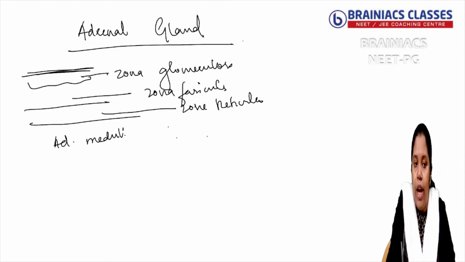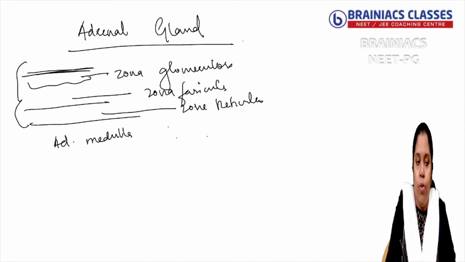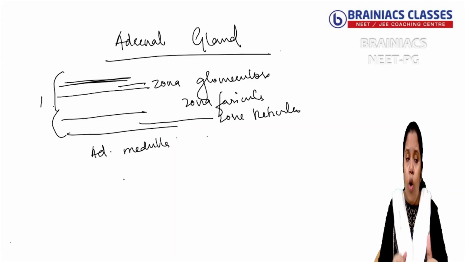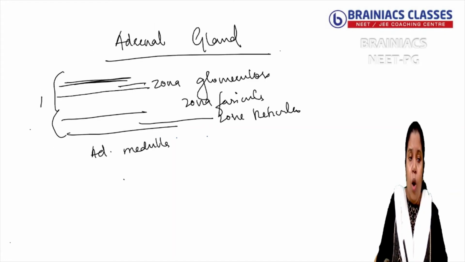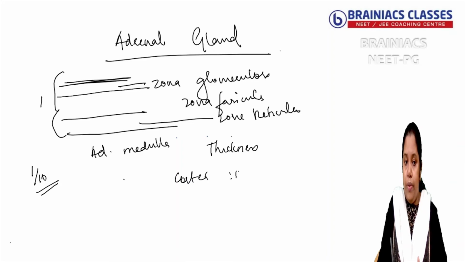This is the arrangement of the adrenal gland. Only 1/10 of the adrenal gland is medulla, so the cortex is 10 times thicker than the medulla, a ratio of 10:1.